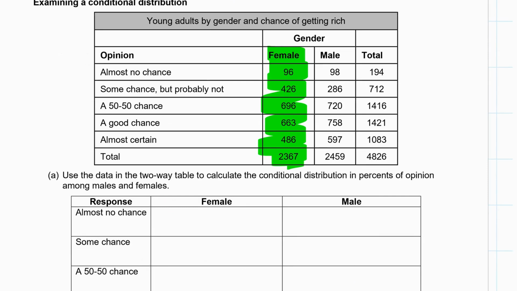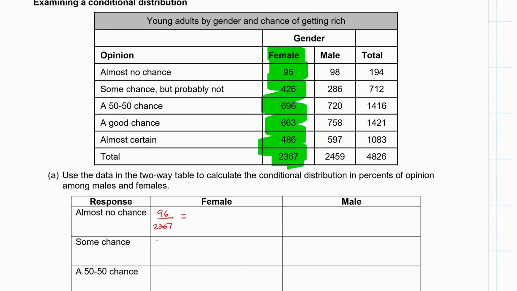So we're going to say, all right, 96 out of 2367, because that's the only group that we're interested in if we're holding the gender variable constant at female.